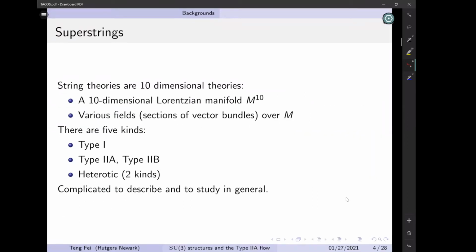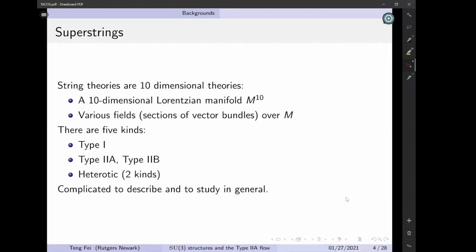All right, so let me begin with the backgrounds. We're talking about superstring theories. First, string theories are 10-dimensional theories. In particular, there is a 10-dimensional manifold, which is Lorentzian, and it's called M. And over M, there are various fields, which I'll explain in detail later.